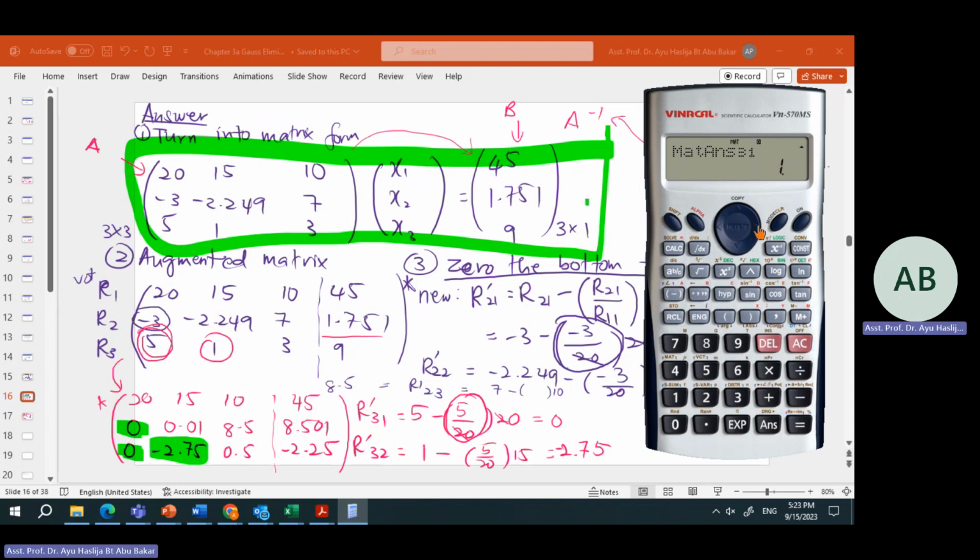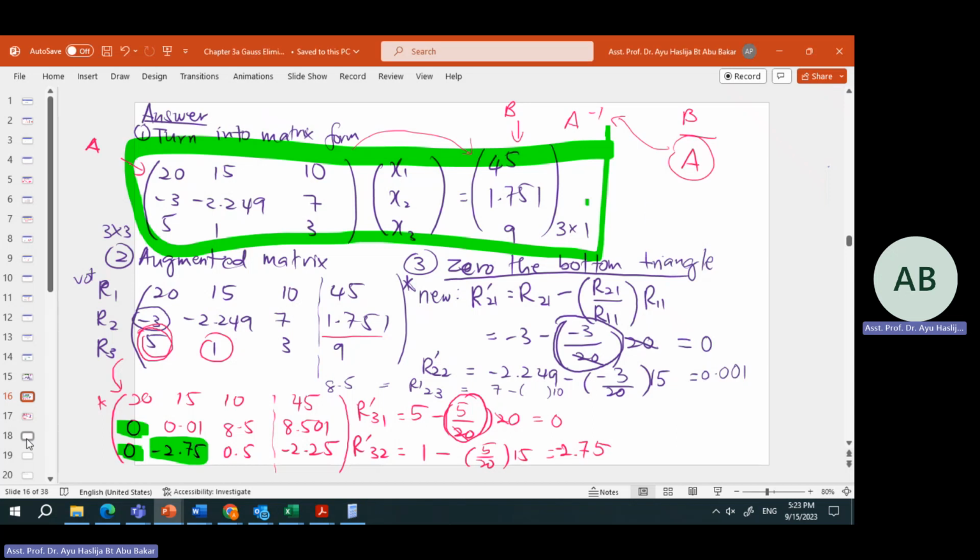Okay. Now I want you to try to use your calculator to find out the unknowns of this matrix. Wait, let me share.